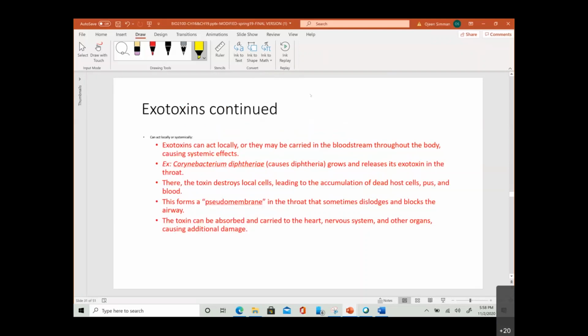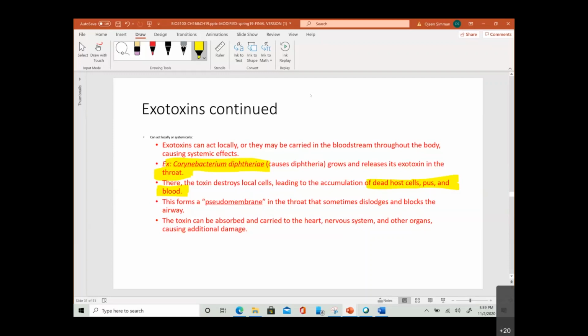An example of an exotoxin is the diphtheria exotoxin, which is a virulence factor used by Corynebacterium diphtheriae. It releases its exotoxin into the throat, and as a result, it causes local destruction of the throat, leading to accumulation of dead host cells, pus, and blood.